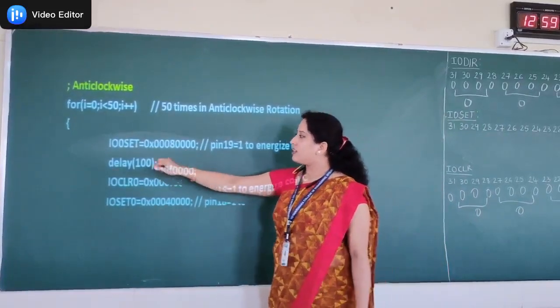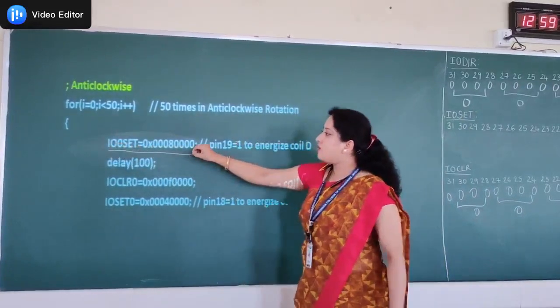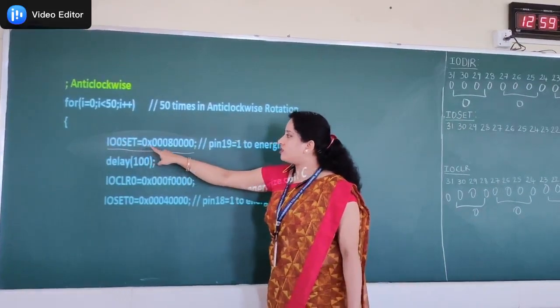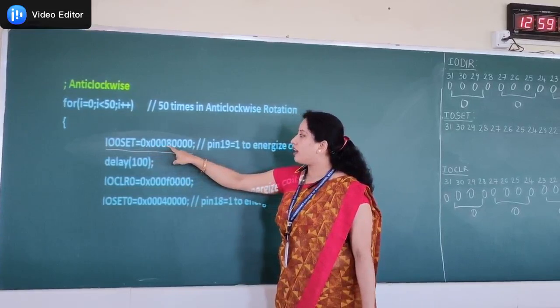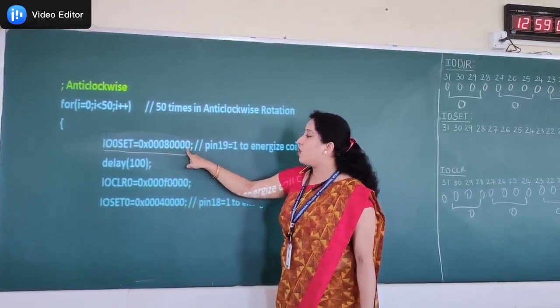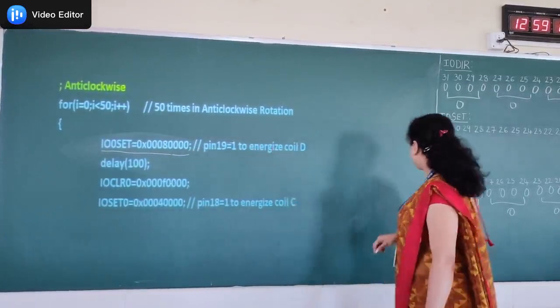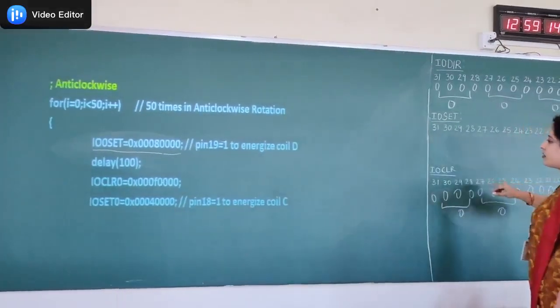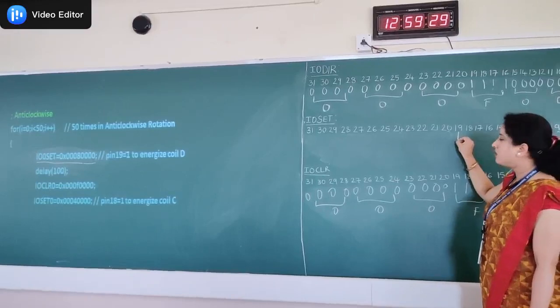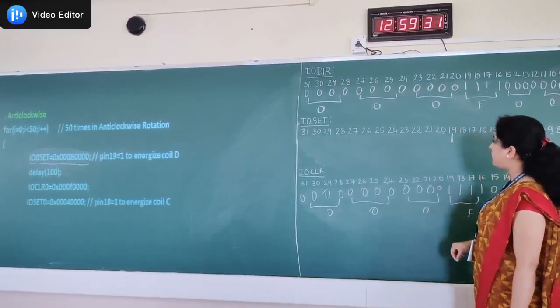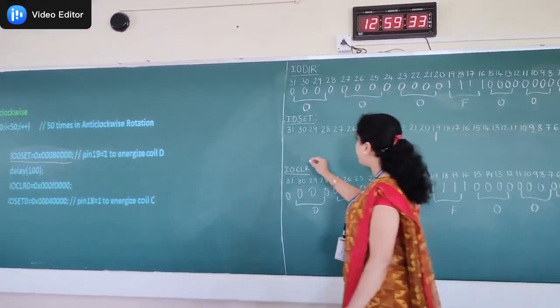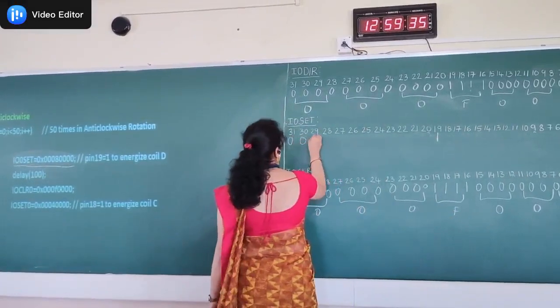That is done by using the IO set register. IO0SET equal to 0x00080000 will energize coil D, that is pin 19 will be set to 1, and the remaining will be 0.